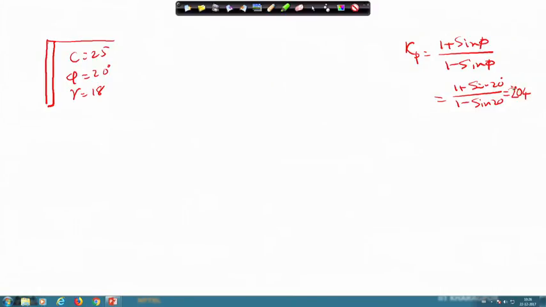Kp is 2.04, and as per the C phi soil earth pressure diagram, the Pp expression will be sigma 1 Kp plus 2C root Kp. This is the formula we have done.